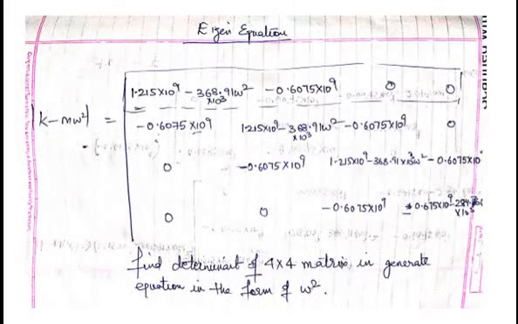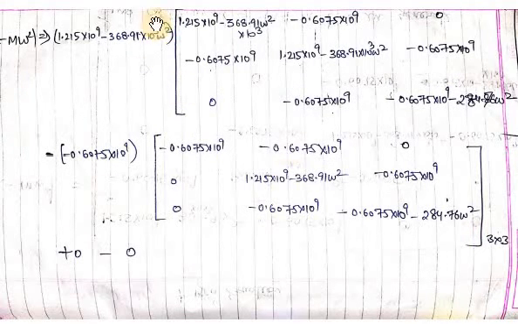We solve our eigen equation in this way, and we will find the determinant of the 4 by 4 matrix and generate an equation in omega square. It's just the solution of a mathematical equation that we solve to find the determinant of the 4 by 4 matrix.